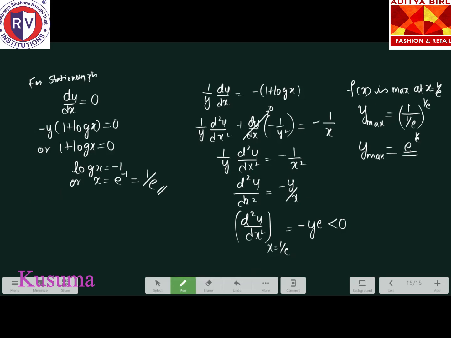Okay. Let us see the next question. So question number 41. Here it is given that the rate of change of area of a circle with respect to the radius at r is equal to 2 centimeters is, you have to find out dA by dr at r is equal to 2 centimeters.